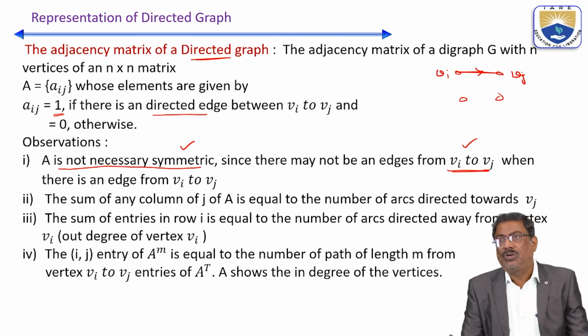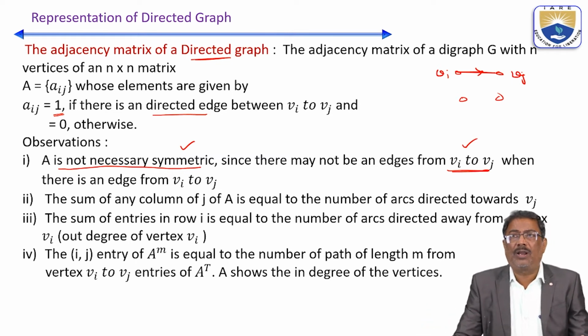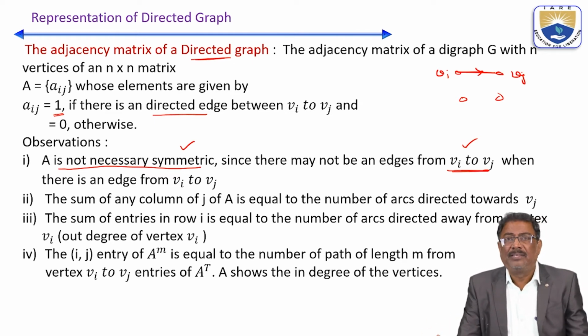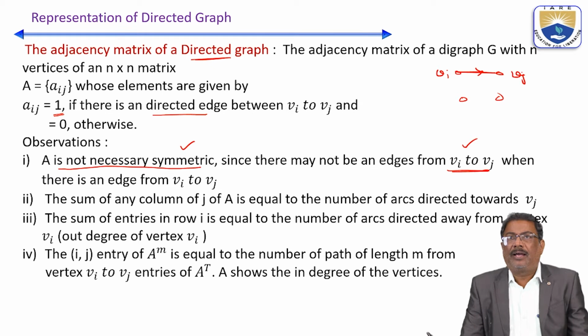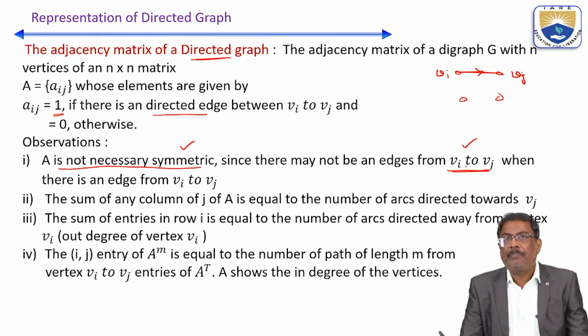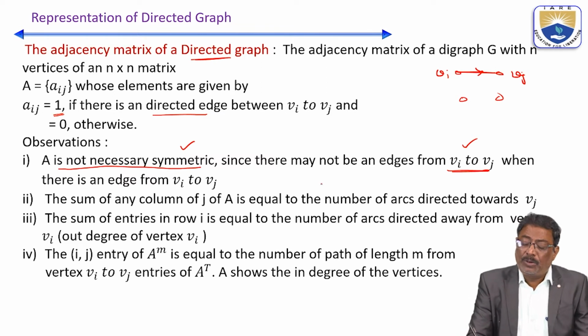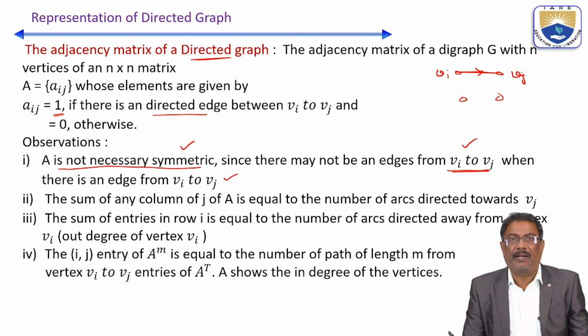If edges go in both directions between vertices, then we can get a symmetric matrix, but it is not necessary. Only if there is an edge in both directions in all cases of vertices will we get a symmetric matrix.